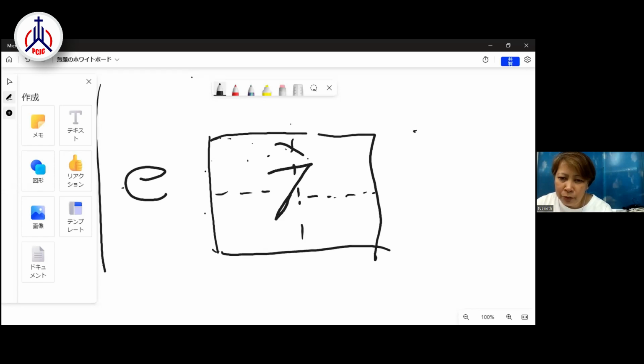In the middle part, you make it like this. Okay, that is the e. First stroke, one, one, two. In the middle part, you make it like this. That is the e. Second stroke, three, hane. That is the e.